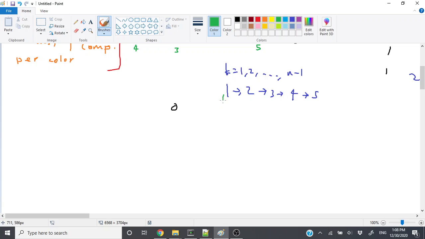Because the solution for 2 is going to be basically the same as the solution for 1, except we recolor some of the vertices in this one to the new color we get. And then we do the same thing here. Now the question is, what does recoloring get us?